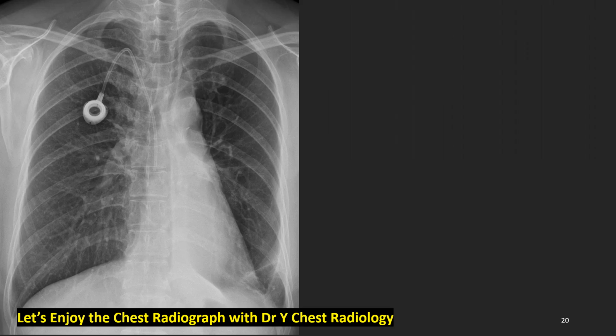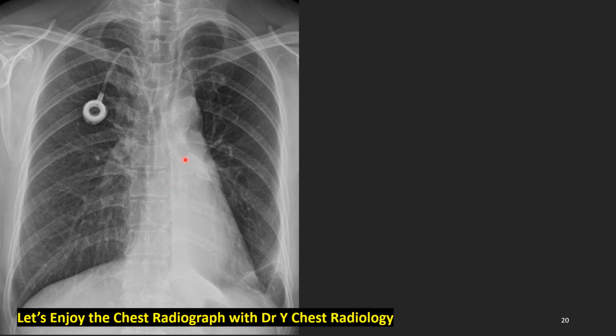How about this radiograph? He has a chemoport here. Sure, he is a cancer patient receiving chemotherapy. Let's look at the left main bronchus. From here, stop to here, a blind pouch. You see?